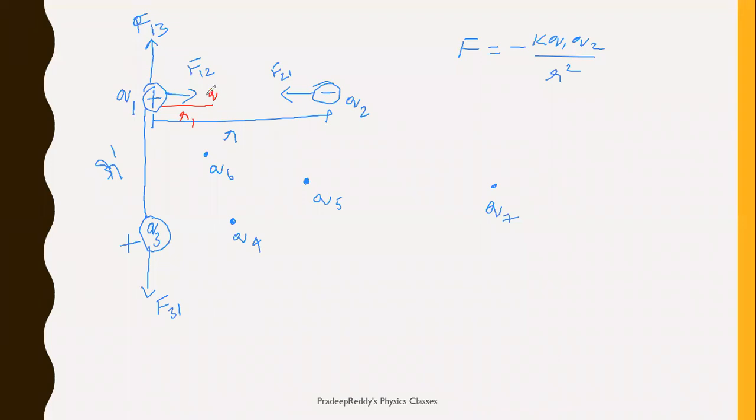There is interaction between these two points because R1 is finite. I will be taking a Q charge over here, which is at a large distance. This I take as R2. R2 is greater than R1, very, very large.